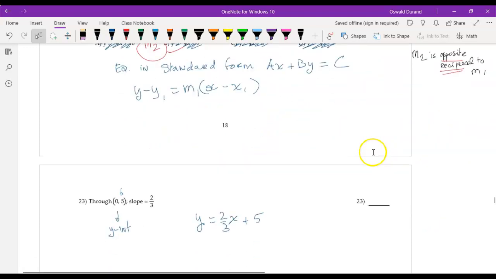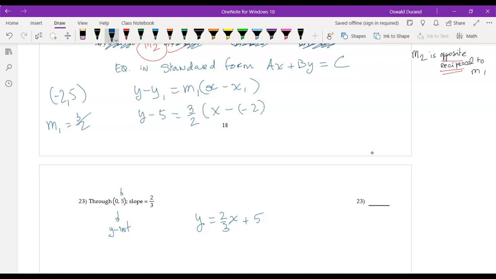So negative 2 and 5 will be x1, y1, and m1 is 3/2. So y minus 5 equal to 3/2 times x minus negative 2. Simplify this, you get y minus 5 equal to 3/2 x. Let's not forget this is a plus, so 3/2 times 2, that's 6 over 2 or 3. That's positive 3.